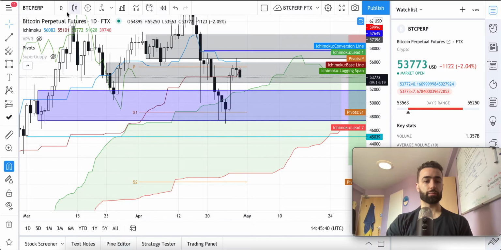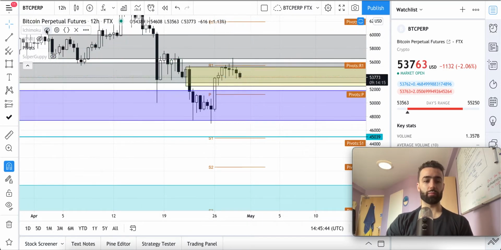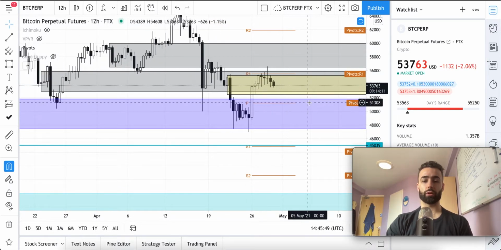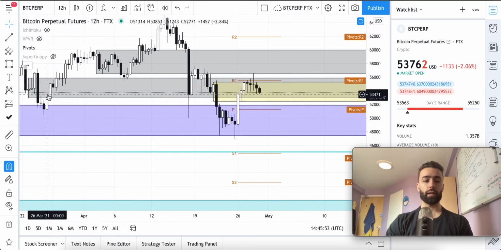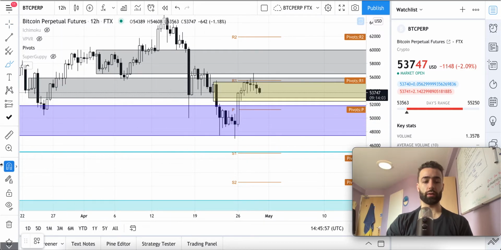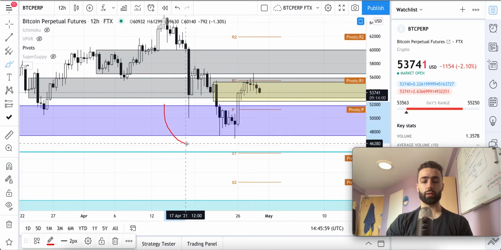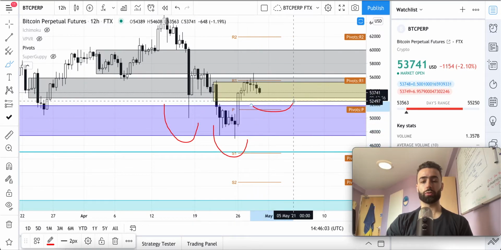inside of that cloud. If we go to the lower time frames, some hopium for the bulls. So some potential hope that we could end up shifting this trend back to the bulls' favor is the potential inverse head and shoulders pattern that we're seeing right here with our left shoulder, head, and then a potential right shoulder here.